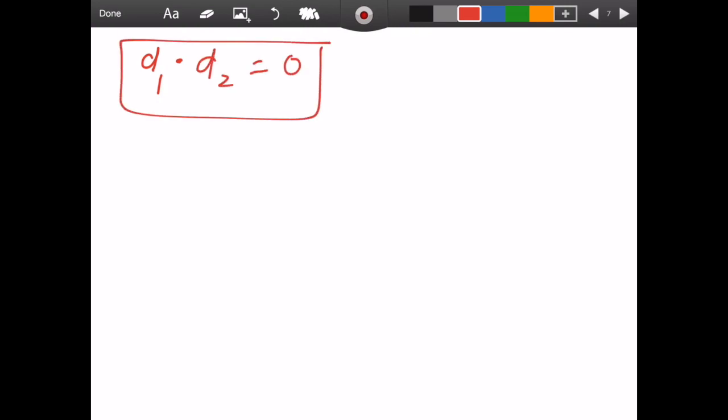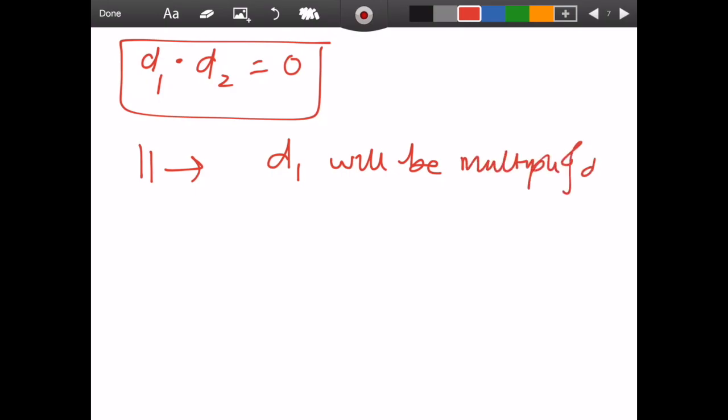Remember that. If two lines are parallel, then their directions d1 will be a multiple of d2. Let me give you an example. Let's say 1, negative 1, 1 is the direction of line 1, and this is a separate example, so don't correlate it with the previous example that I gave.